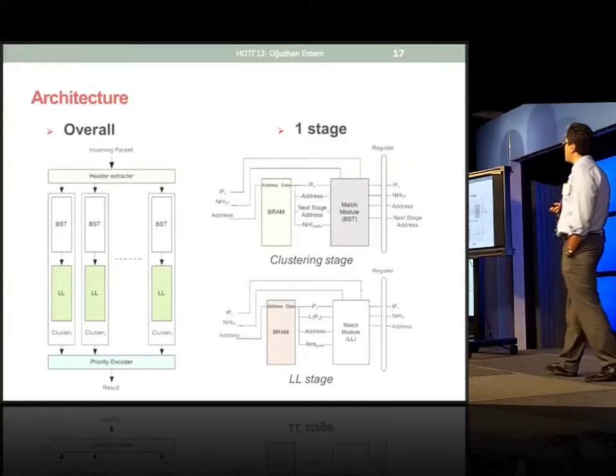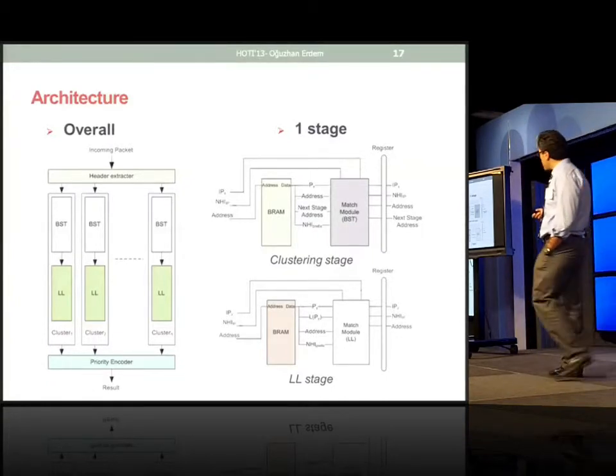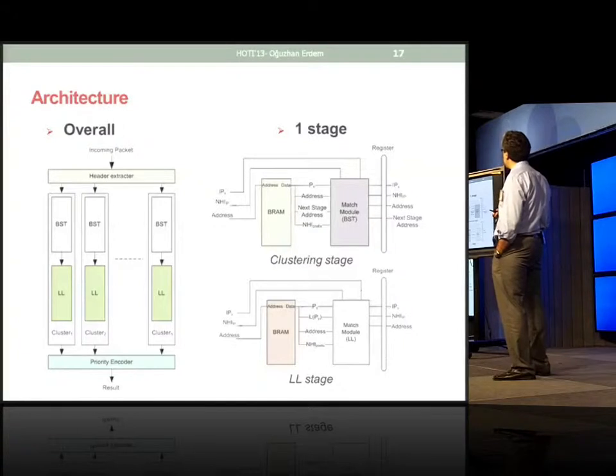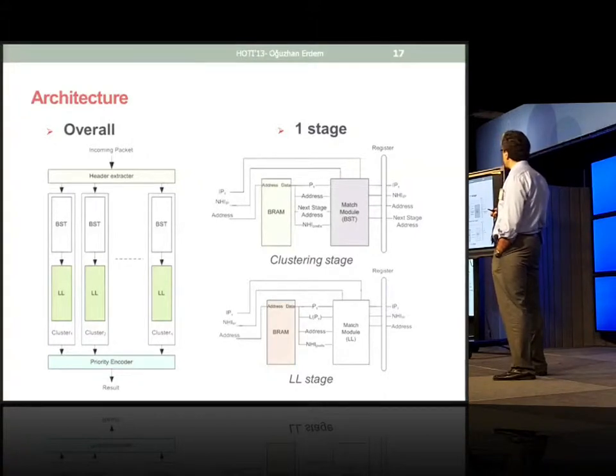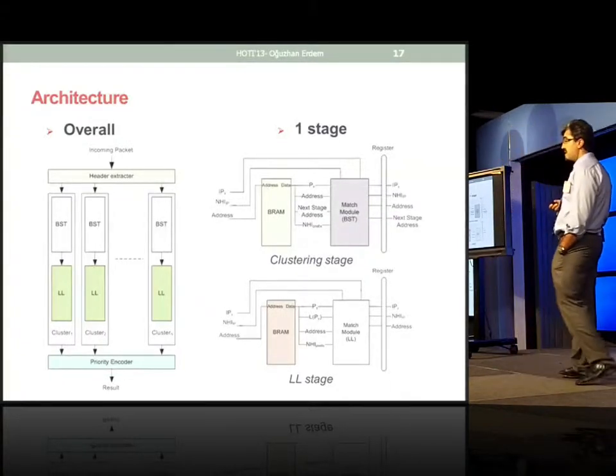Here is the block diagram of the architecture that supports our data structure. Each cluster has two consecutive pipelines. The first one is the BST pipeline, and the second one is the linked list pipeline. The binary search tree in the first stage is mapped onto that pipeline.